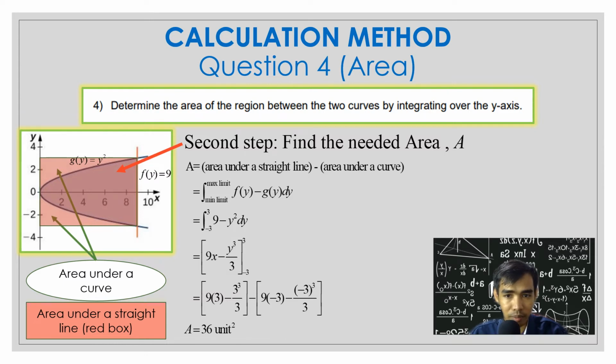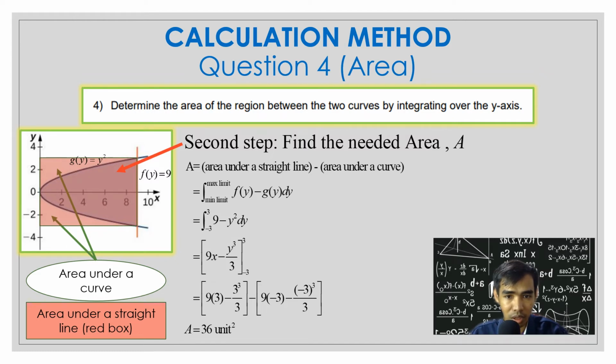We name the area A. A equals the area under the straight line minus the area under the curve. So we use the integral from the minimum limit to the maximum limit of f(y) minus g(y) dy.